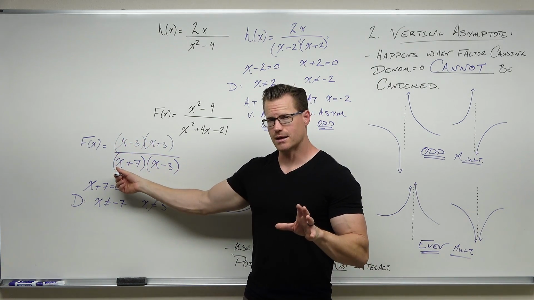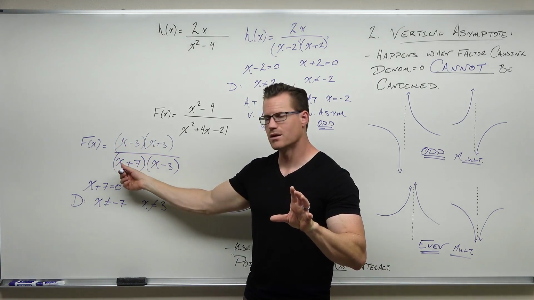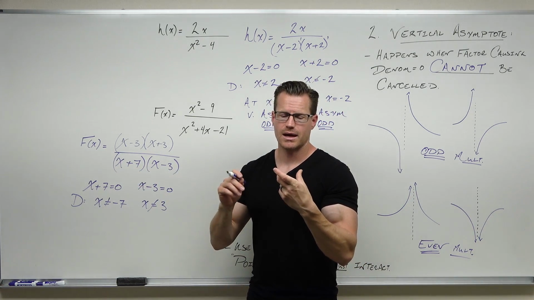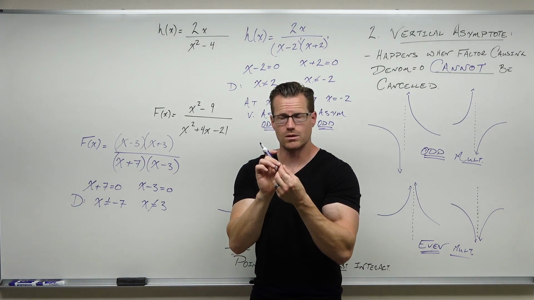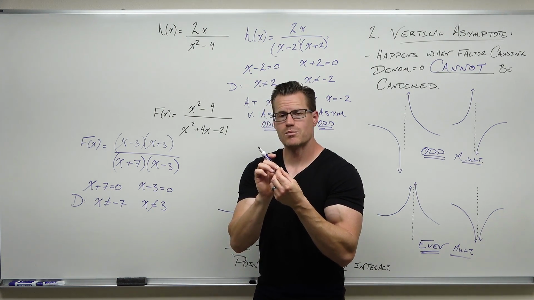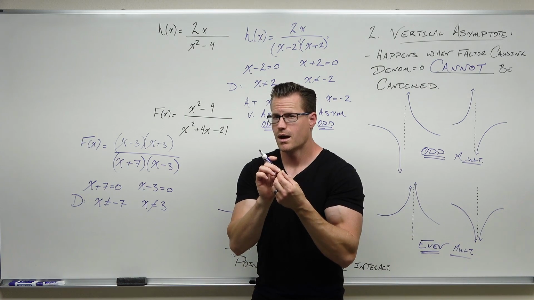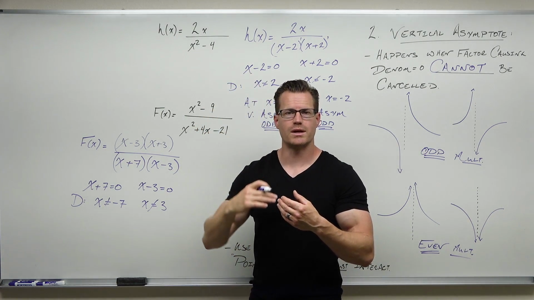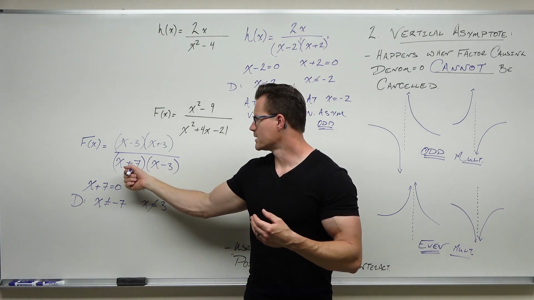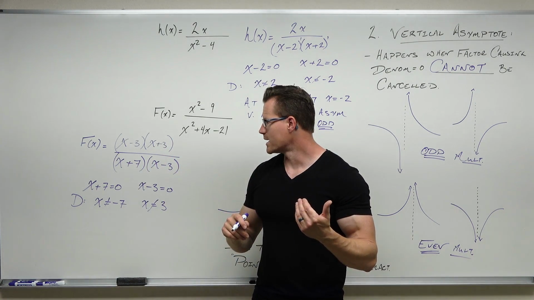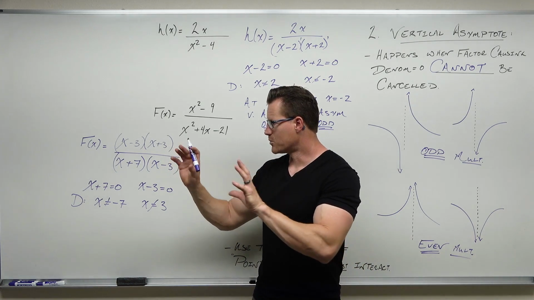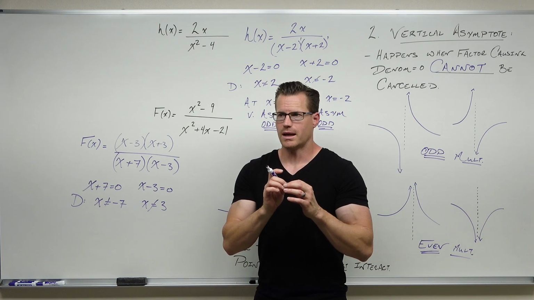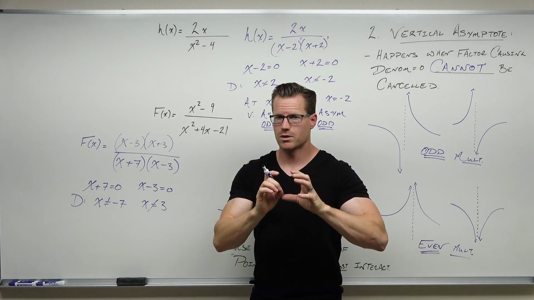What that's telling us is that because I cannot cancel out this factor, I get a number over 0, and anything really close to that 0. So if I plugged in negative 7.00000001, I'd get a number over something very, very small. That's going to give me either a positive or a negative infinity depending on my signs. If I plugged in negative 6.9999999, in either case, I'm going to get a number divided by something super close to 0.